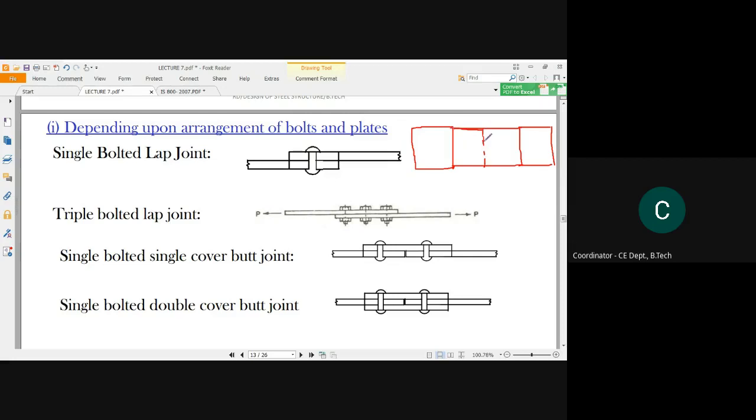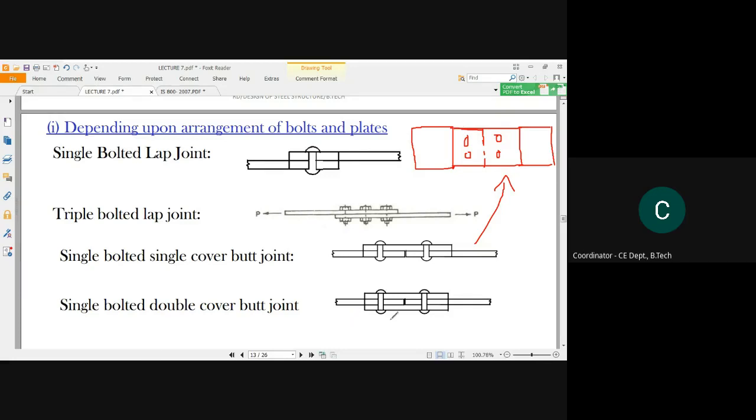So that plate will coincide in this way, and that plate will coincide in this way. And the bolting connections are like this. The top view picture looks like this. So this is called the single bolted, single cover butt joint.